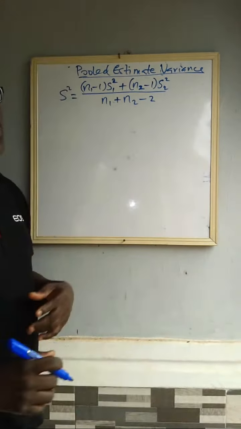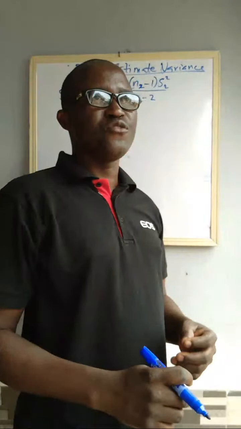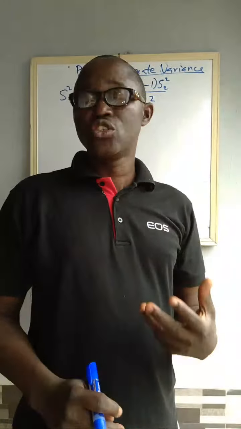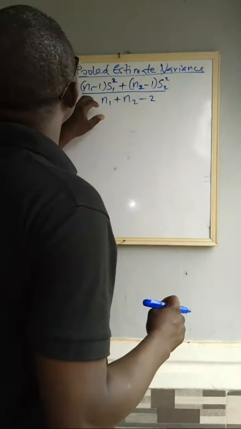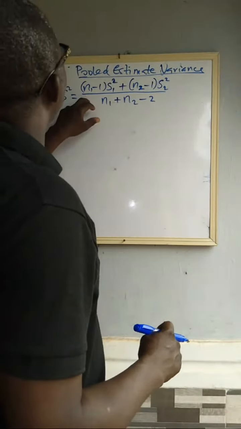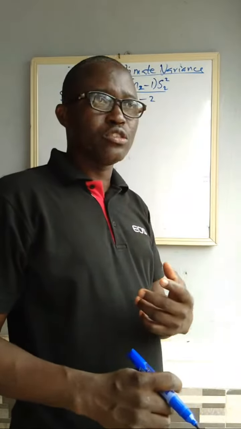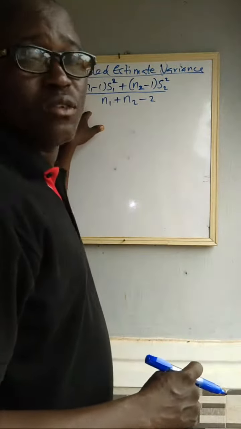Look at the formula. It looks complicated, but if you look at it critically, you will see that it's very simple to remember because it's based on the original variance formula. In this formula, you need several statistical calculations to arrive at the final one.